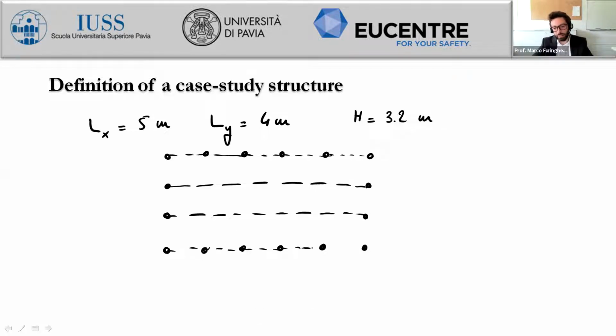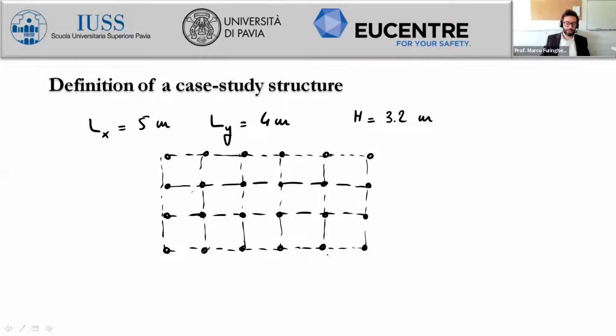This allows us to consider the maximum sizes of the building, the plan dimensions, I mean. All these are columns for the building. So we have 5 spans along X and 3 spans along Y.